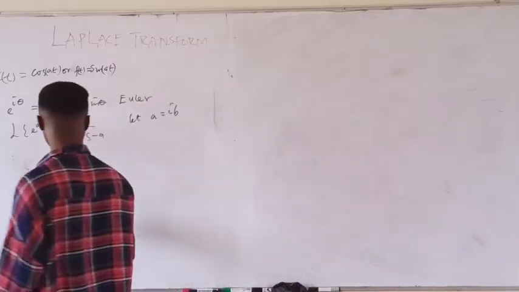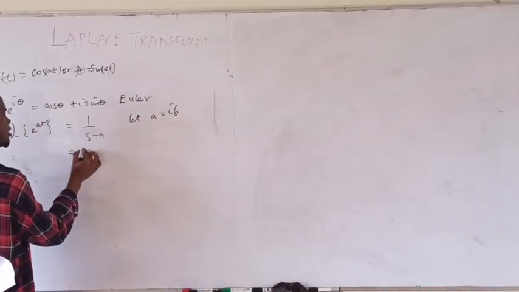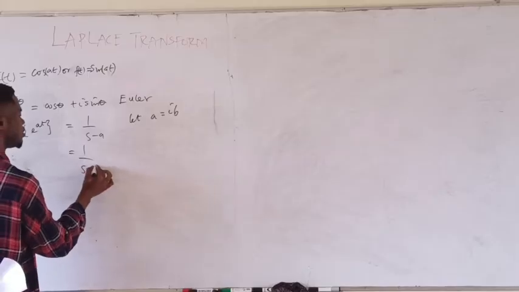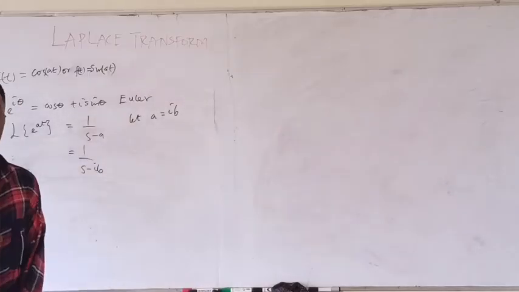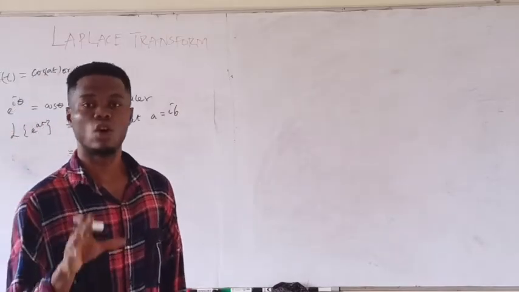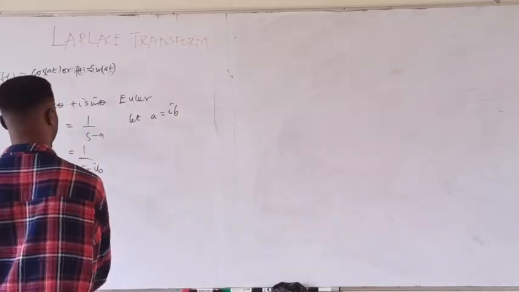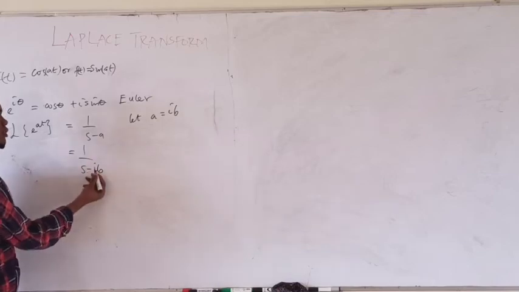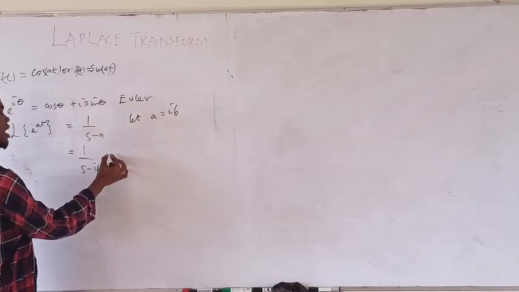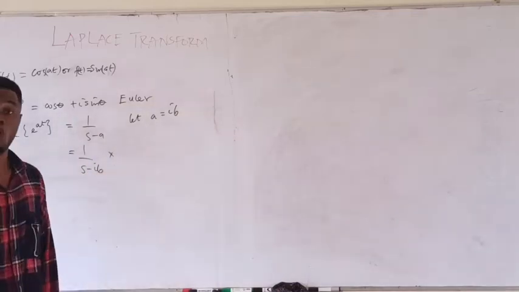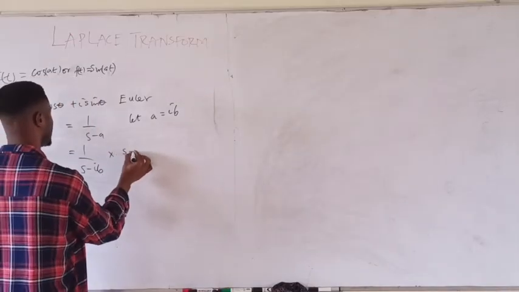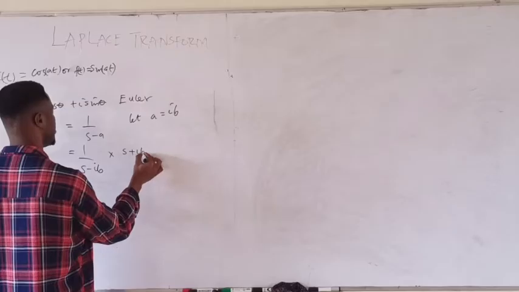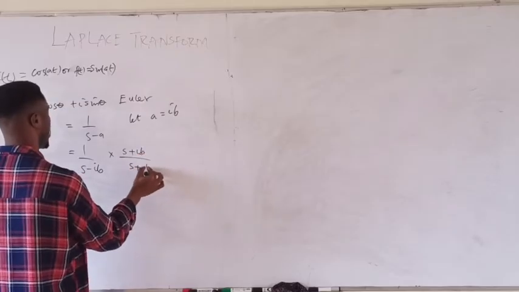So if a is equal to ib, what I have is 1 over s minus ib, right? From our knowledge of complex numbers, we know that an imaginary number shouldn't be in the denominator. Hence, we should multiply by its conjugate. So we have s plus ib divided by s plus ib.